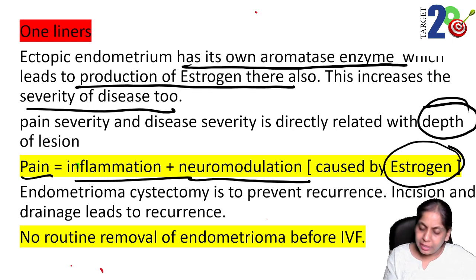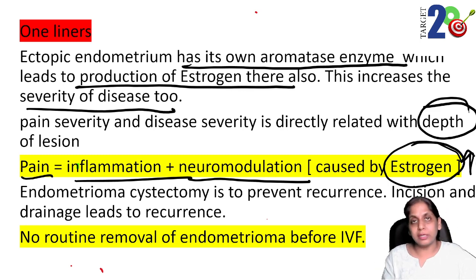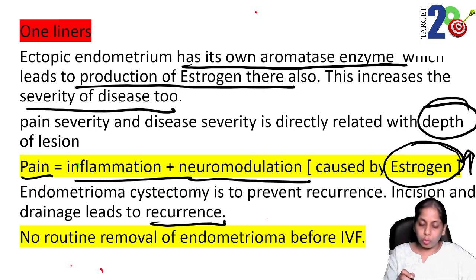The estrogen has increased the neural sensitivity for the pain. Endometrioma cystectomy is done to prevent recurrence. If you are doing incision and drainage or aspiration, it will lead to recurrence. Routine removal of endometrioma is not essential for IVF.